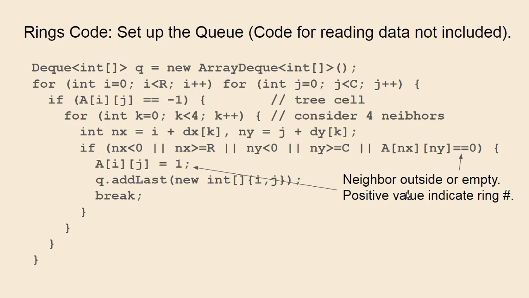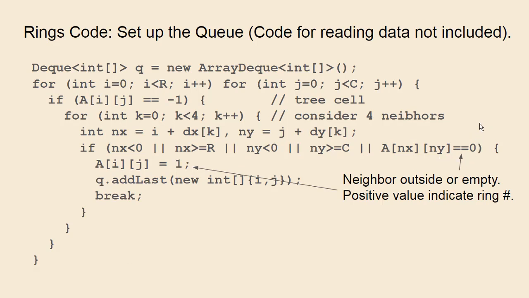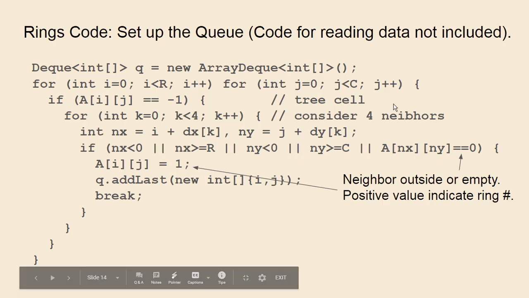Then this cell will be considered to have distance 1. The other condition under which a cell will be considered distance 1, belonging to the outermost layer of the trunk, is when one of its neighbors is a non-tree trunk cell. So when its neighbor cell is marked 0, that means it's outside the tree, so any cell adjacent to it is considered distance 1, the outermost layer, layer 1.